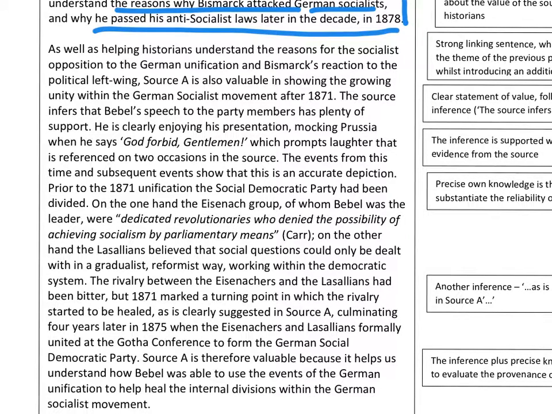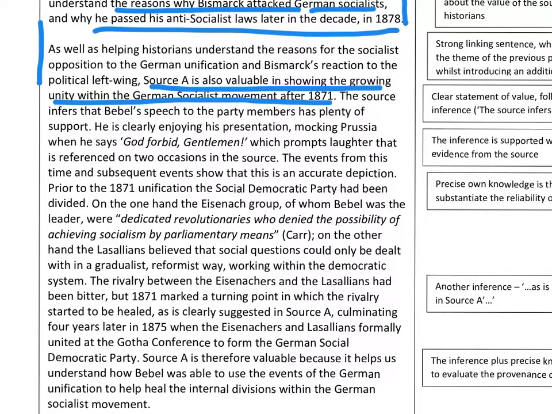So, as well as helping historians understand the reasons for the socialist opposition to the German unification and Bismarck's reaction to the political left wing, Source A is also valuable in showing the growing unity within the German socialist movement after 1871.